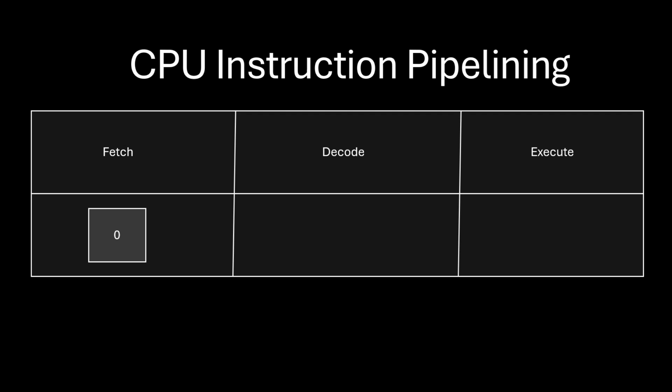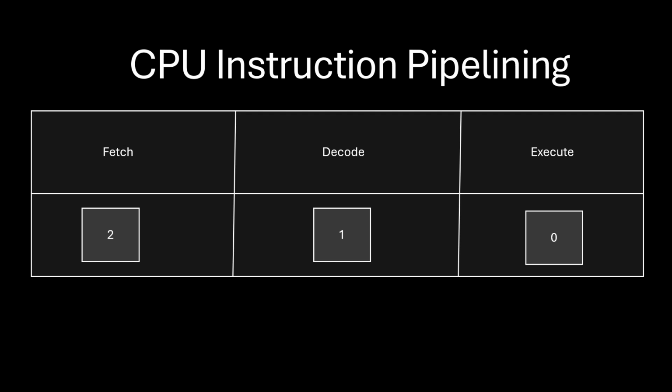So we have 3 independent hardware units which do 3 small subtasks. First up, we can fetch an instruction, but then as we fetch that instruction, pass it over to the decode unit, we can at the same time be fetching the next instruction, and so on and so on. And so on average, we've sort of tripled our throughput.